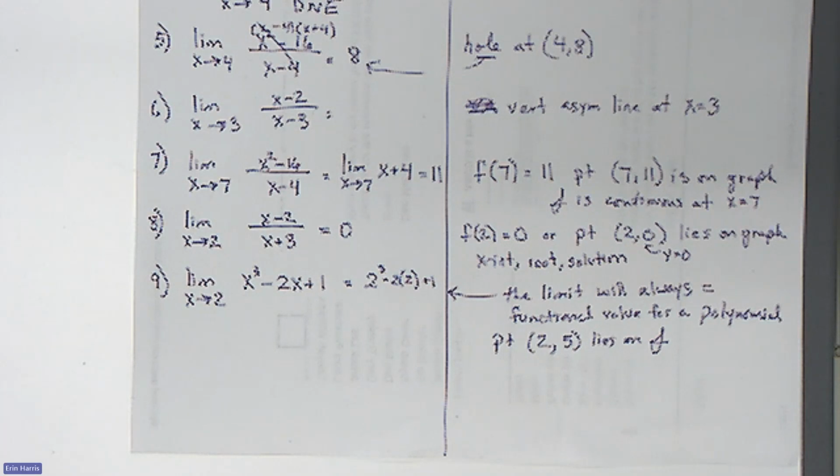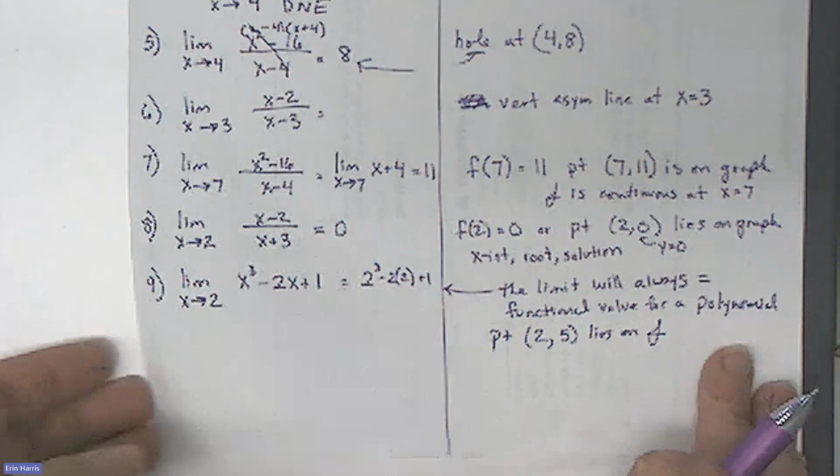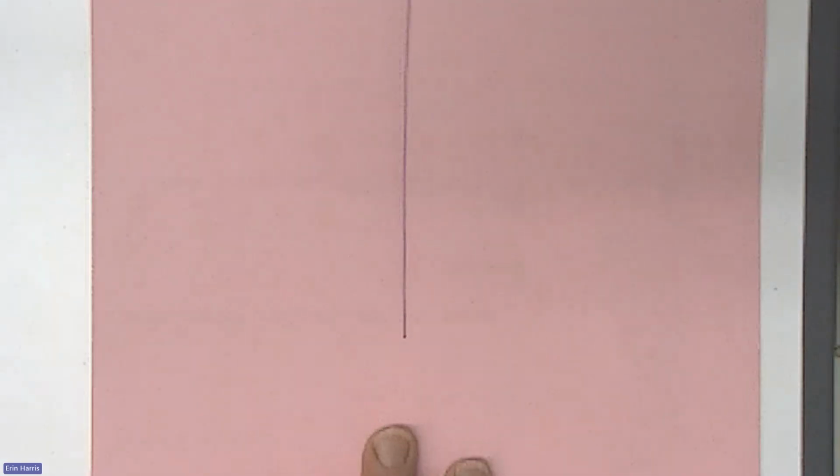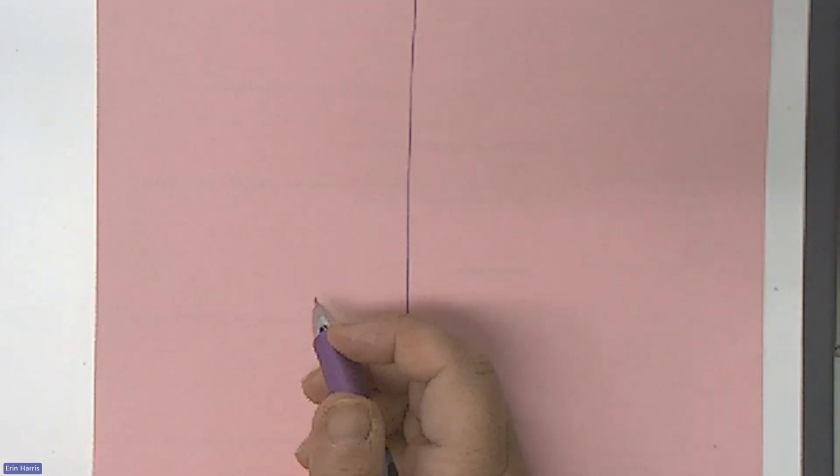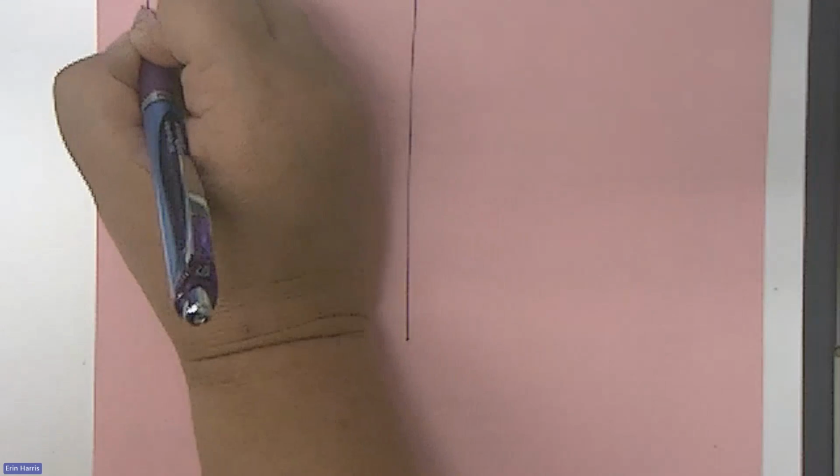Okay, so let's do one more big, long, complicated problem. We're going to look at one problem with a whole bunch of questions. And I've got to go on to another page. So here's my f of x.